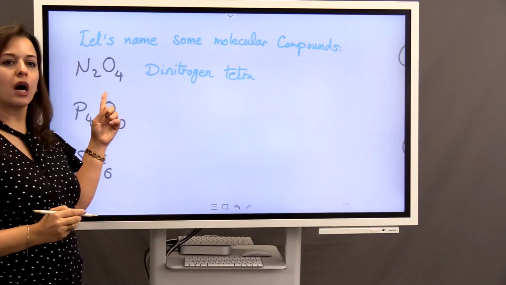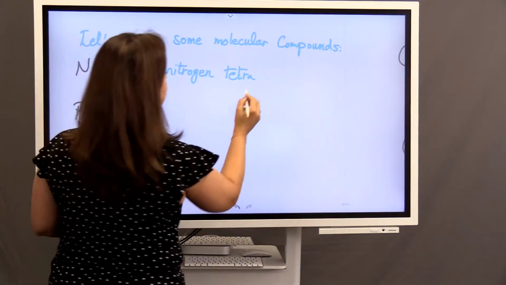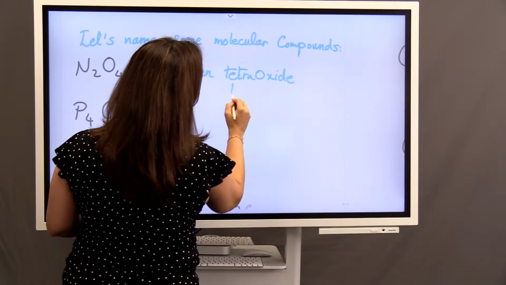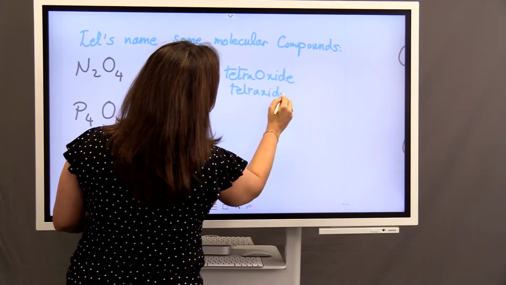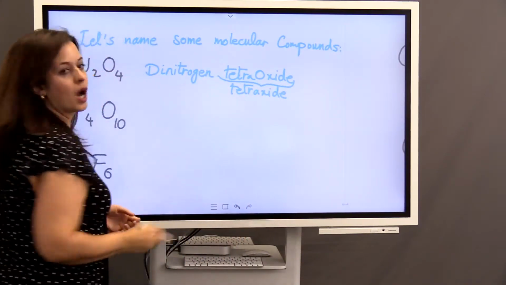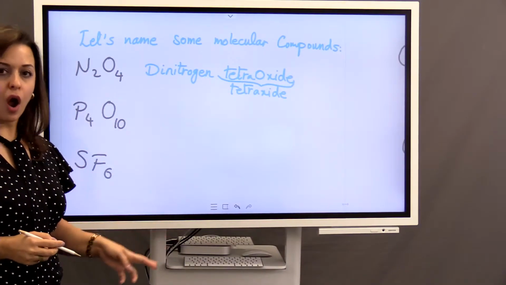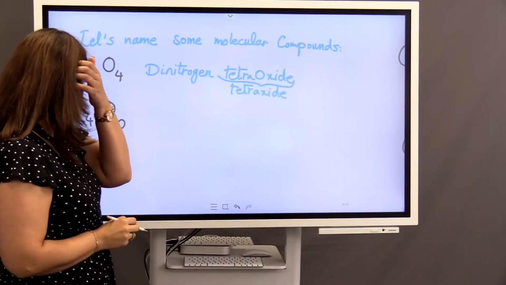The root of the name of oxygen plus IDE, so it is oxide. And you see, we can simplify it as tetroxide. Okay? But I will accept both. If you write it tetraoxide or tetroxide, both of them are acceptable.